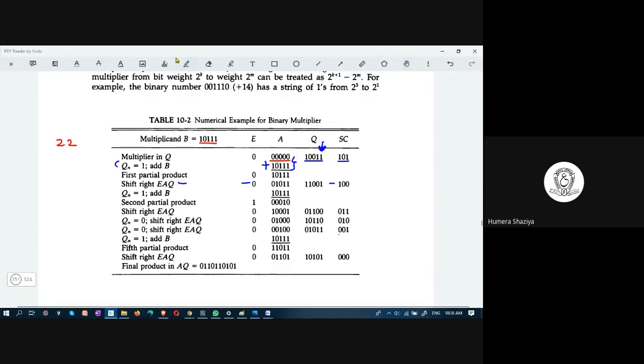This is for Qn equal to 1. In the next cycle, Qn is again equal to 1.